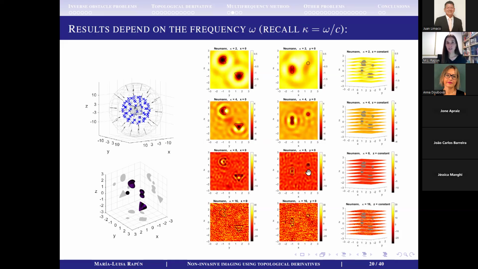Now you can see that the largest negative values are inside the ball, which was almost not seen here and completely missed in this other example. And also there is a difference here. Instead of being inside the biggest object, what you see is that the largest negative values are attained at the boundary of the objects. So this means that different frequencies provide different information, and it's interesting to combine all this information.